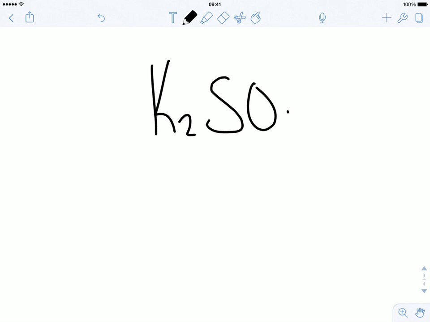The last point that I want to make sure you guys understand is the difference between when we use subscripts and coefficients. So in the last example, when we had K2SO4, we had this subscript 2 in order for there to be 2 potassiums in terms of the positive and negative charges. So when we want the charges to cancel out to equal 0, we add subscripts. Now that is different from when we're balancing an equation to try to get the number of molecules of an element to match on both sides of a reaction arrow.